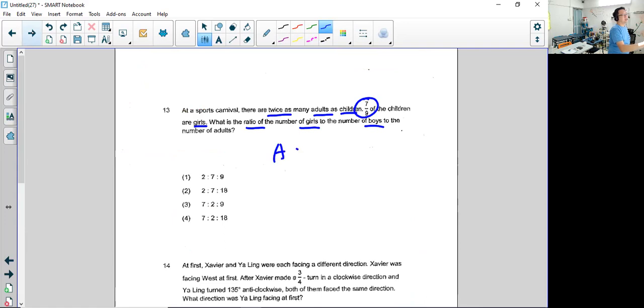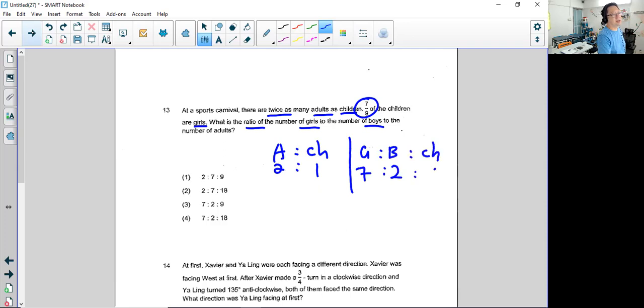So adults is to children twice as many. And 7/9 of the children are girls. So if girls are 7 units, then the boys must be 2 units and the children must be 9 units. And then you can see that children, they are the same. So you will have to make the number equal.